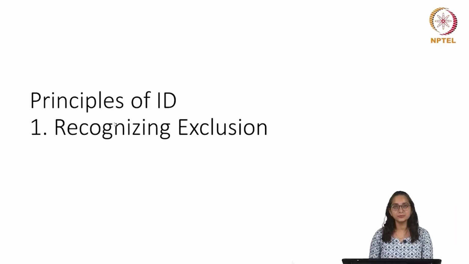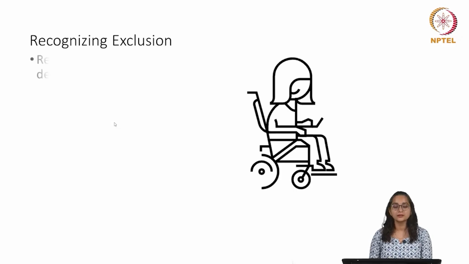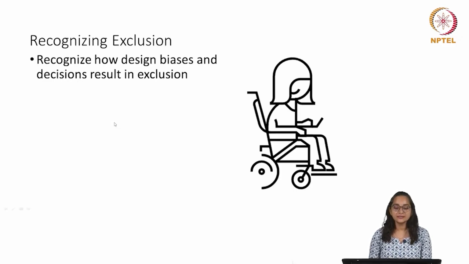So the first principle, or first dimension, of inclusive design is to recognize inclusion. How can we do that? By recognizing how design biases and decisions result in exclusion. We have had a discussion in previous sessions about what accounts for biases and the different reasons biases can come into the picture.